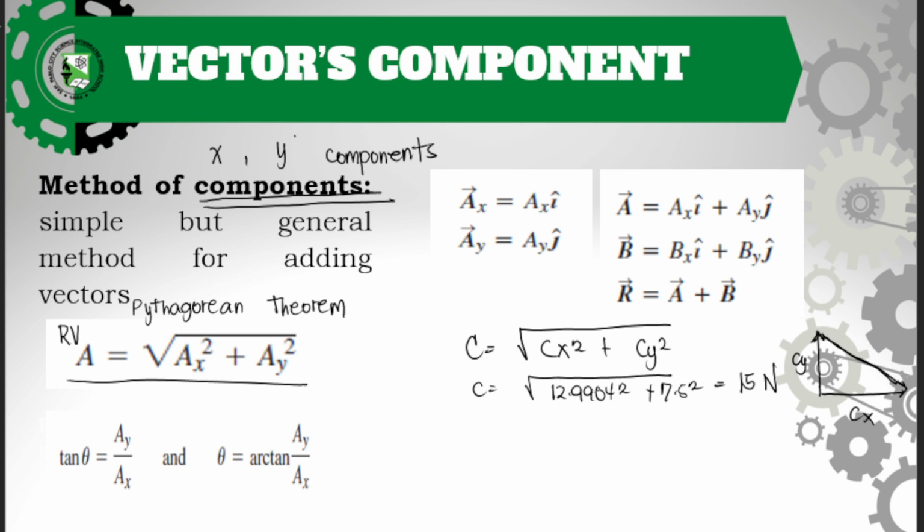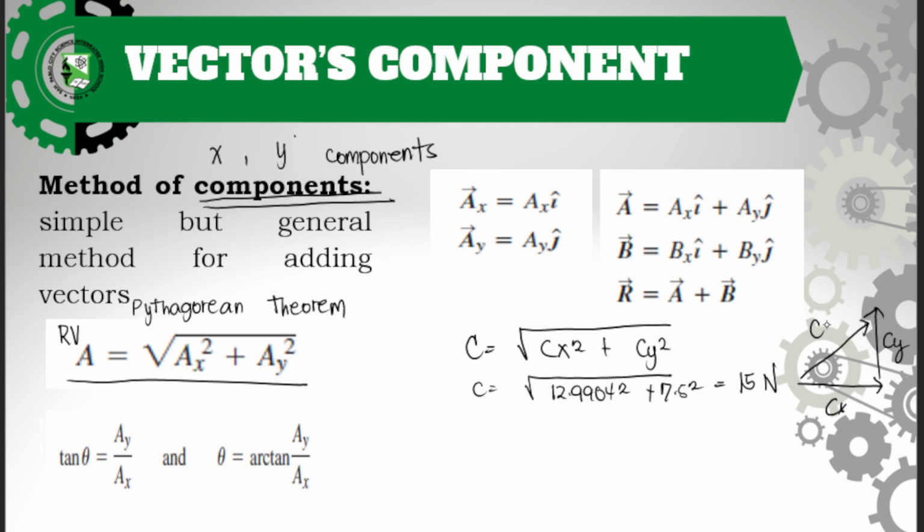Let me redraw. So this is Cx, and then we have Cy. If we follow our rule from earlier in graphical representation, C would be towards this direction, the resultant C.